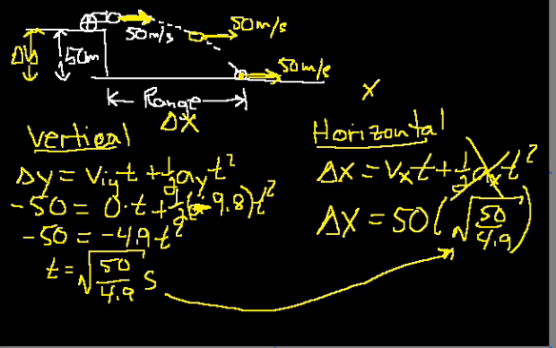I'm not solving this now just to save some time, since it takes a while on a calculator, but I think you get the idea. And this is going to be in meters, so this here is going to be the range. Okay? And we'll do another problem in the next video.